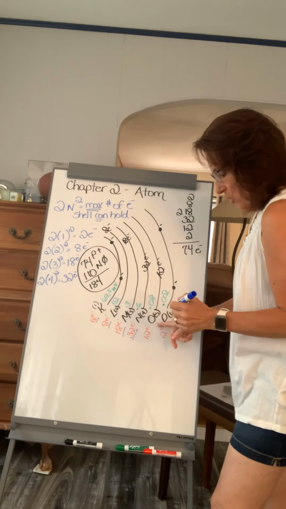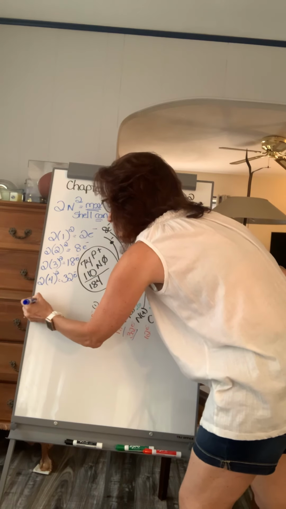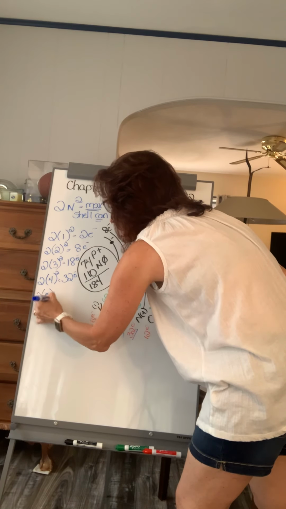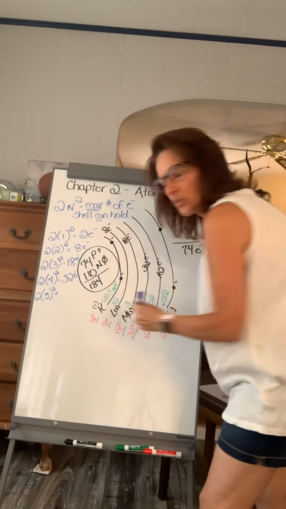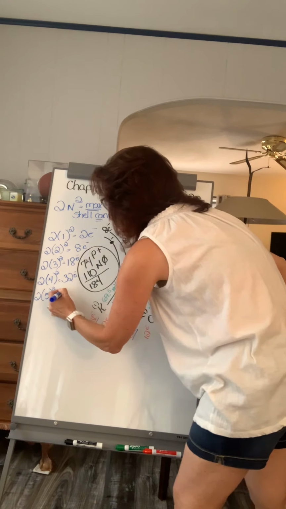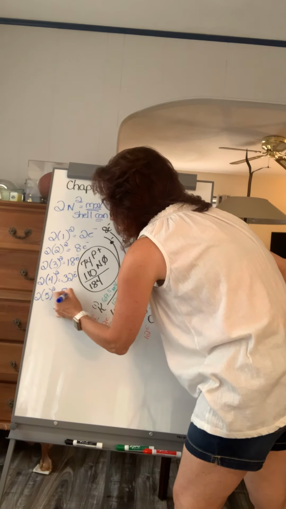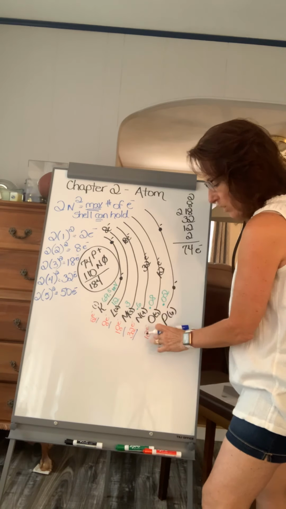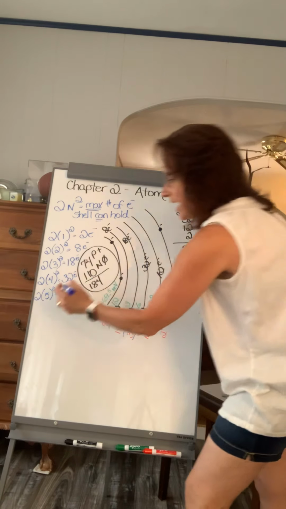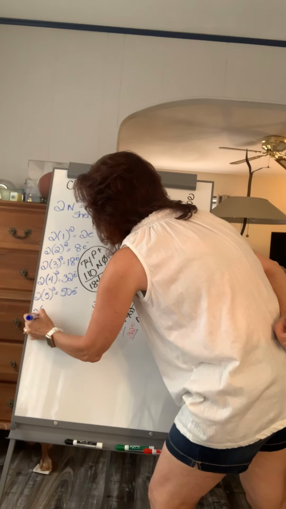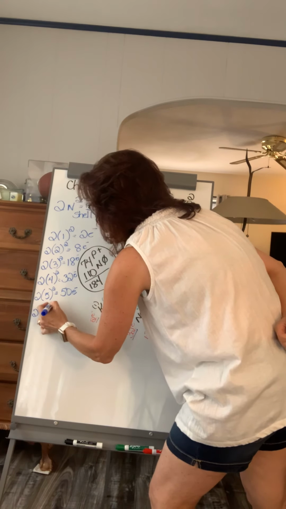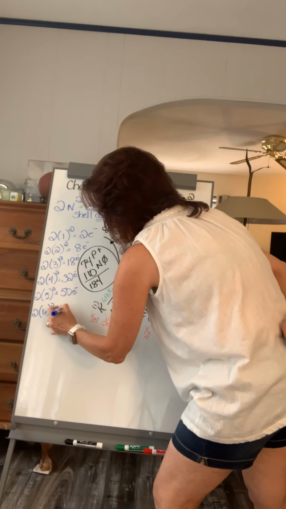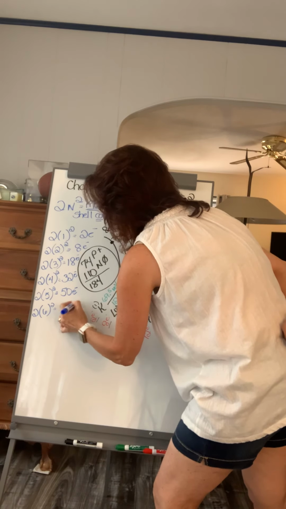So O is the fifth one. If we do 2 times 5 squared, 5 squared is 25 times 2 means it could hold 50 electrons. Okay, it has 12, but it could hold 50. How about P? 6 squared is 36 times 2 is 72.